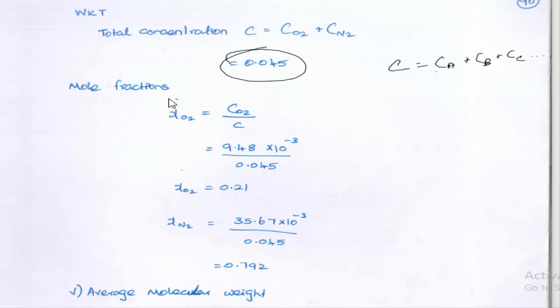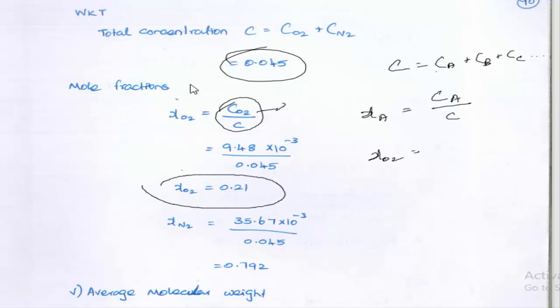Similarly, the mole fraction X of A, component A, is equal to the molar concentration of component A divided by the total molar concentration. Here I am going to find out the mole fraction for O2 and N2. So XO2 equals CO2 divided by C. These two values we have already found out. Just substitute those values and find out XO2 and XN2, right?